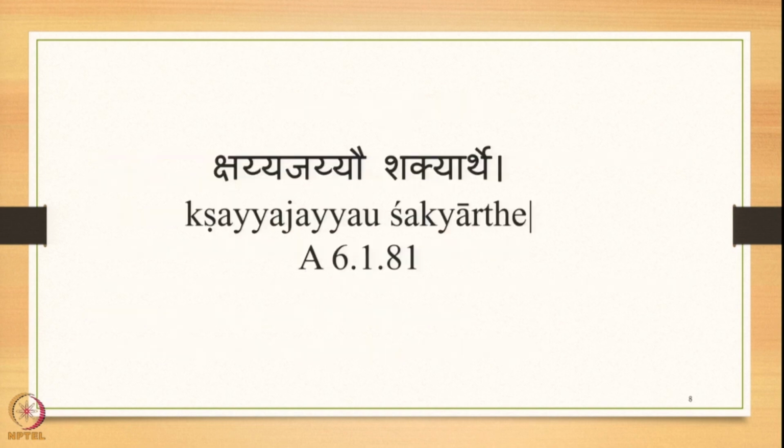On this background, let us study the additional sutra Kshaya Jayau Shakyarthe. But before going there, we must remember one thing. As far as Echoyavayavaha is concerned, the right hand side environment is ach.